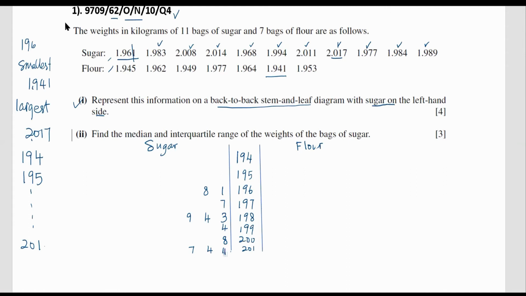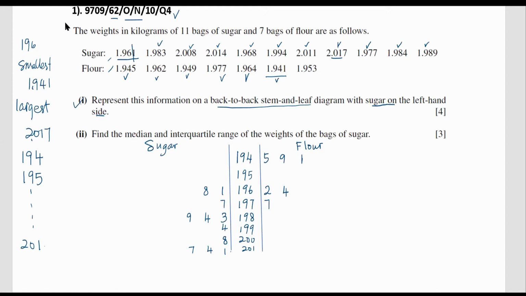The first data, 1.945, 194 and 5. 1.962, 196 and 2. 1.949, 194 and 9. 1.977. 1.964, 196 and 4. 1.941, 194 and 1. Same thing, equal space between the leaves.